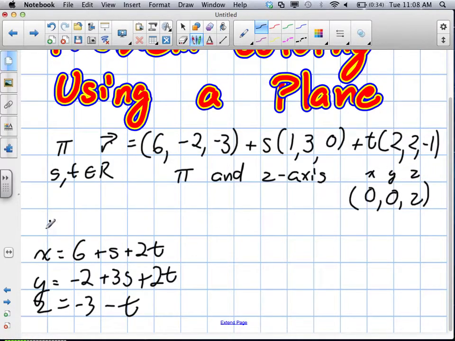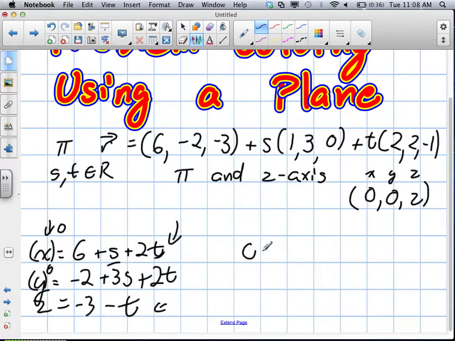What we're going to do is plug in our values of x at 0, y at 0, and z will stay the same. When we do that, we'll then have two equations and two variables, s and t. We'll solve for s and t and see what they give us for our z, to find out where it's going to intersect our z-axis.